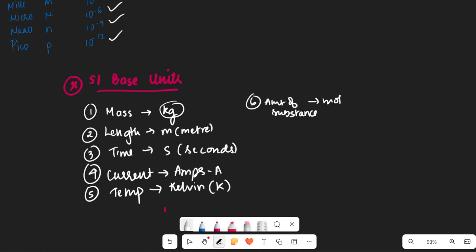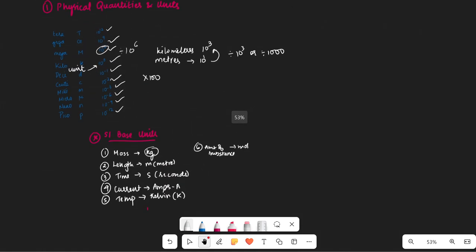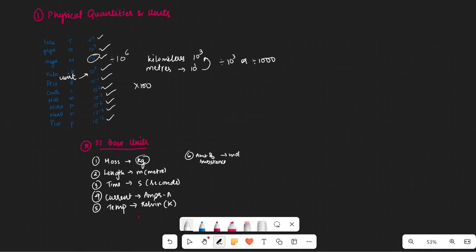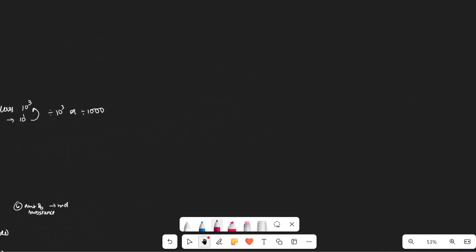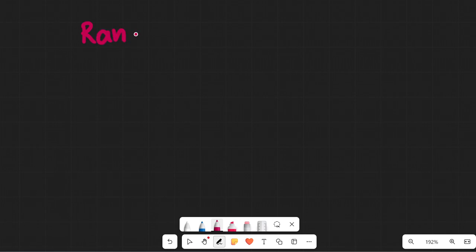The next thing we're going to learn about is percentage uncertainties, and these usually come up in calculations. But before that, let's look at random errors. This is the part of this chapter where we talk about errors that might come in different experiments.